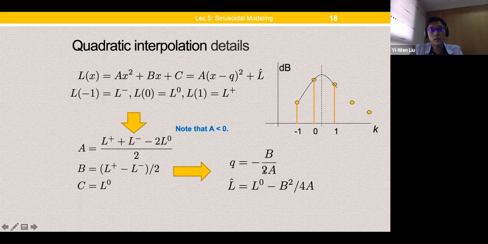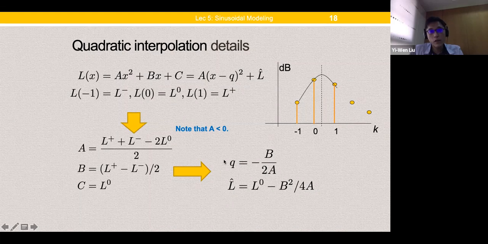And the refined peak is going to be generally larger than the actual peak. This peak is larger than the maximum spectral sample, for sure, because we are fitting a parabola, and the apex should be no lower than the largest sample here, okay?